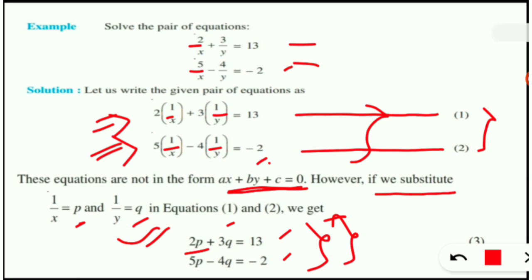So we get the pair of linear equations in two variables p and q: 2p plus 3q equals 13 and 5p minus 4q equals minus 2. Now we solve these two equations and find the values of p and q.